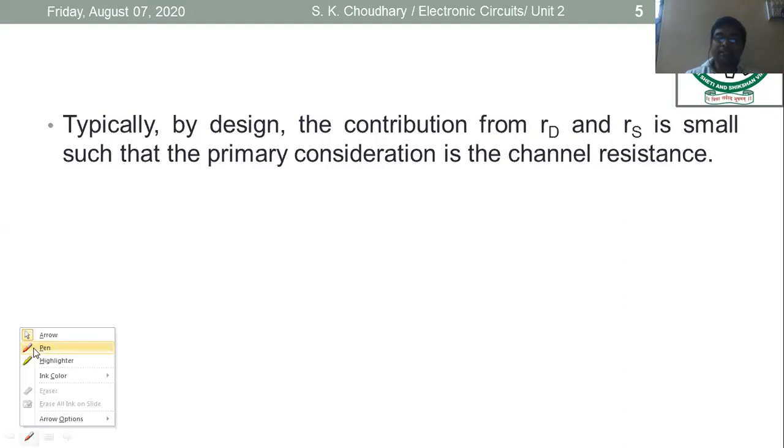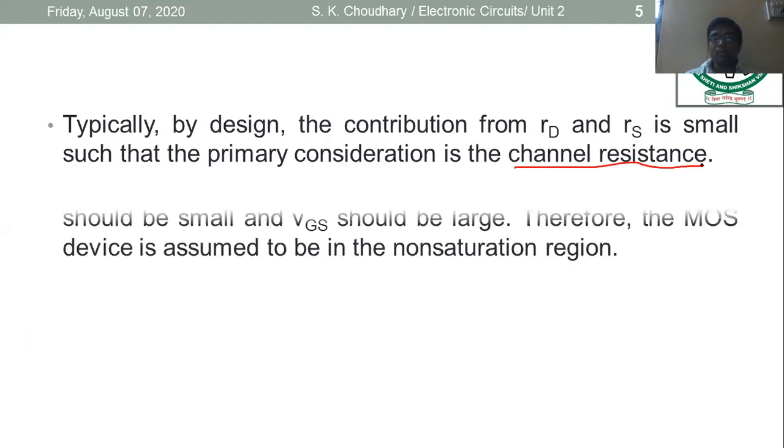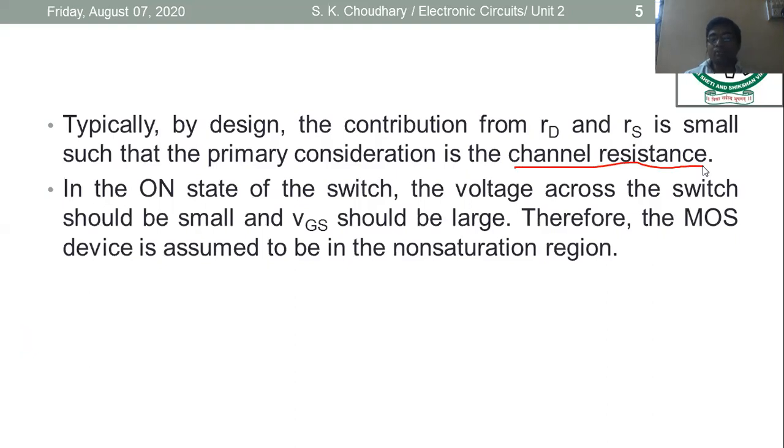The channel resistance plays the major role as the on resistance. In the on state of the switch, the voltage across the switch should be small, meaning VDS should be small, and VGS, at the input terminal, should be large.